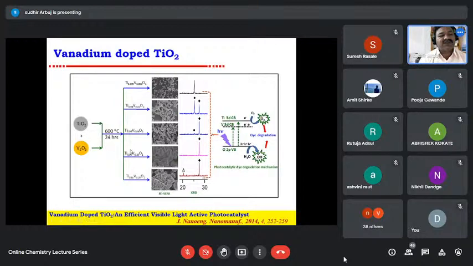What we do, we just added vanadium from 1 mole percent. As we change the vanadium concentration, the anatase phase changes. So this is a nice study we are going to look at. We keep temperature constant and we change the vanadium percentage, this anatase is getting converted to rutile with this percentage.